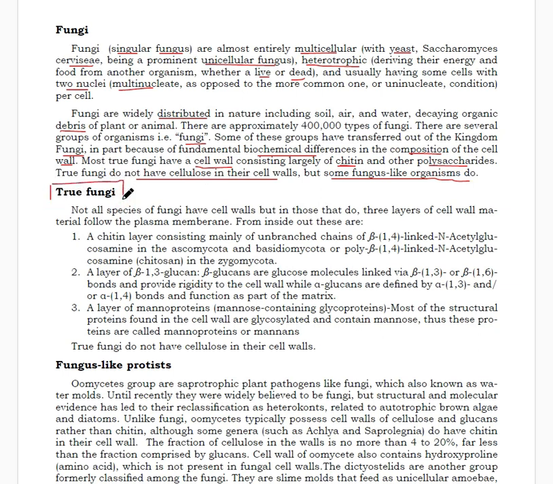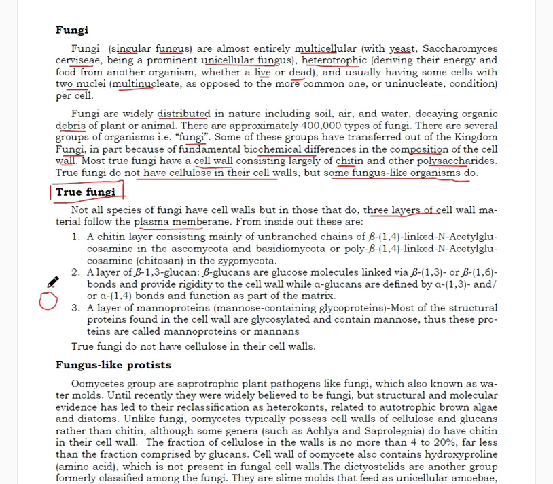What are true fungi? Not all species have cell walls, but in those that do, there are three layers of cell wall which follow the plasma membrane. So from inside out, what are the layers?